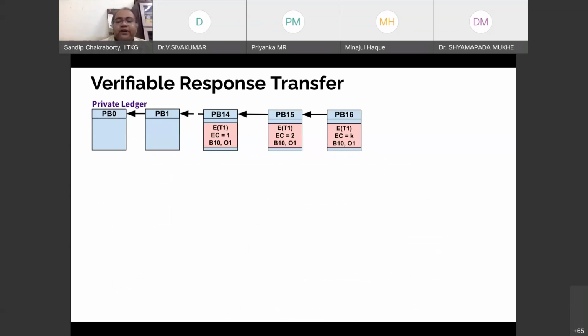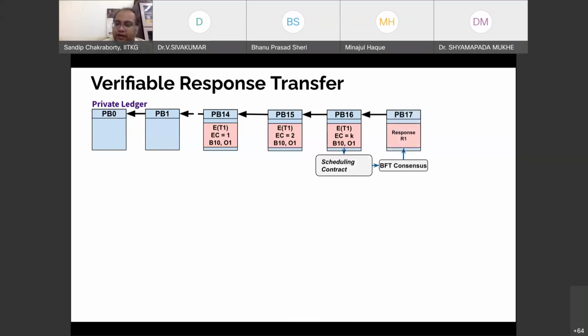So I have this private ledger that has been formed the way I showed you earlier. Now we execute another smart contract called the scheduling contract. The scheduling contract processes the request for the end users. Once the scheduling contract processes the request, it again goes to a BFT consensus, and the response is put back in the corresponding blockchain.